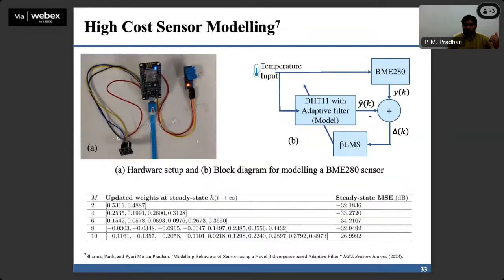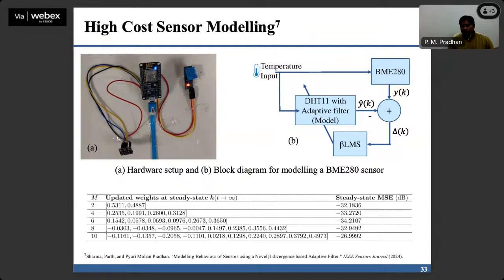Similarly, another application is high cost sensor modeling. We had a high cost temperature sensor and a low cost sensor. Let's say you do not want high cost temperature sensors to be used in large numbers, and you want them replaced by low cost sensors.